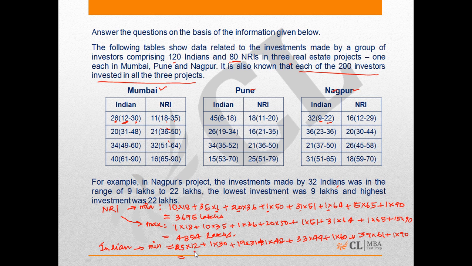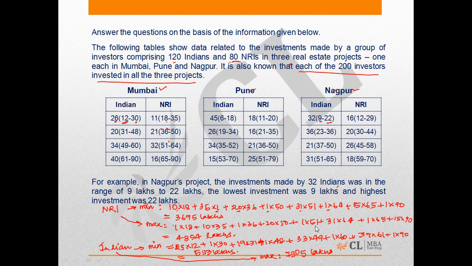Calculating this will yield us a value of 5113 lakhs. Now the maximum investment that can be made by an Indian can be calculated accordingly, and this gives us 7305 lakhs. Of course, the maximum time that you're going to devote is in calculating it.